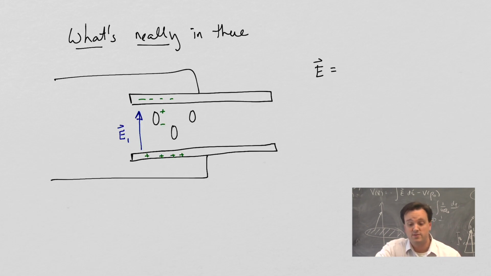There's a positive part of the charge distribution and a negative part of the charge distribution. And so those charges now line up with the electric field, and they cause what we call a secondary electric field to be created inside the non-conducting material, or the dielectric material that's inside the capacitor.